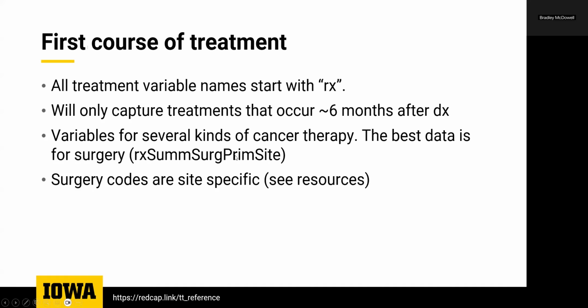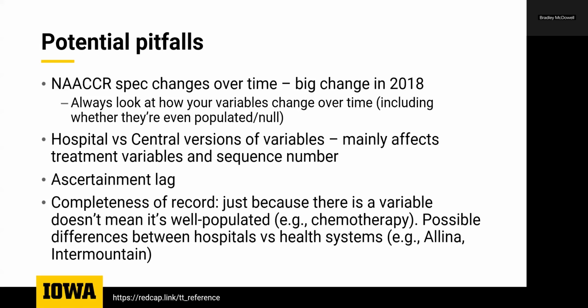There's another version of this variable called RX Hosp Surg Prim Site that will tell you the surgeries that are done only at that particular hospital. So I always tend to use the summary variables just because I'm often most curious whether they had surgery or not, not that they had surgery at that particular hospital or not. So summary variables are helpful, most informative, I think, when the information is there.